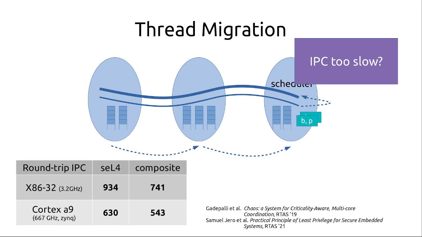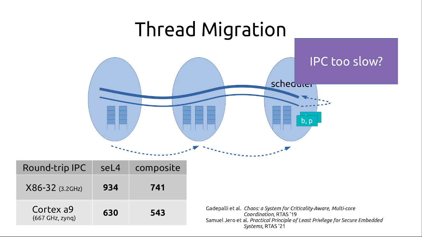So I add a comparison to seL4 here, because seL4 is one of the faster IPC systems in the world now. I'd say Nova is maybe the only other system that I know of that is highly competitive with it. And if we look at x86-32 and Cortex-A9, you see that for a round trip IPC from client to server and back, seL4 and Composite are competitive, if not better here.